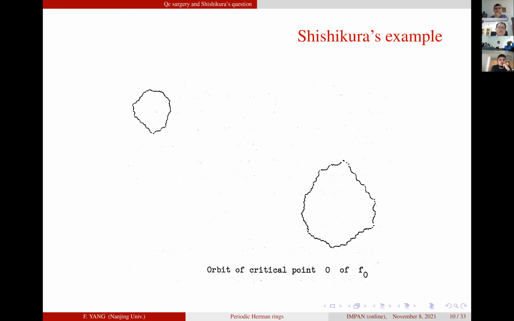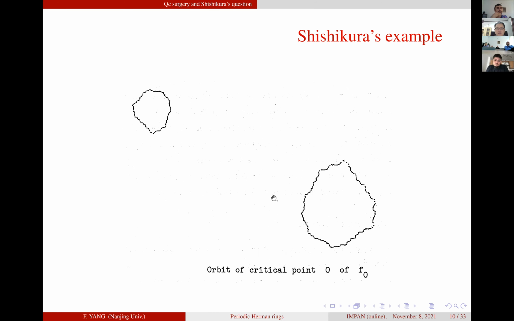But we know the Herman rings are accumulated by the forward orbit of critical points. So he only drew the critical orbit of the maps. This is the critical orbit of the original quadratic polynomial, which has a Siegel disk of period 2.